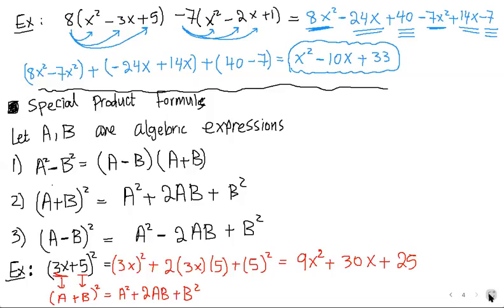So second example: fifth root of x times 2x minus 7x squared.